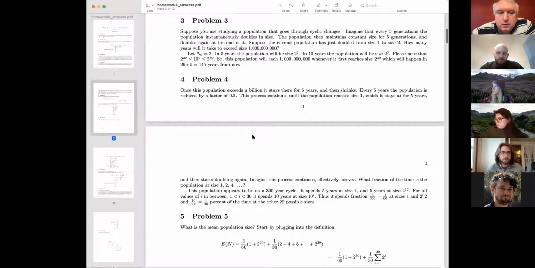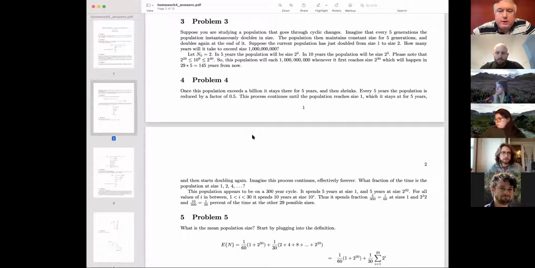So what we're going to try to get out of this ultimately is that a harmonic mean is a whole lot smaller than anything like a normal mean or geometric mean or anything else you might have heard of. And we're going to see that through this incredibly artificial problem that I've created. The population is going through cyclic changes.